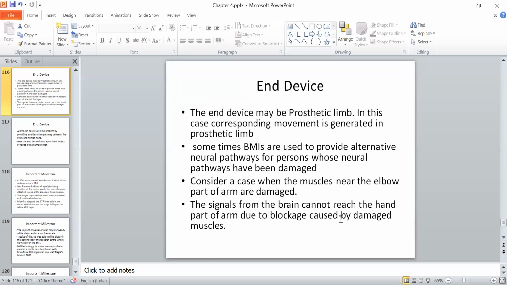So when the nerves are broken, that signal will not go to the hand, so your hand is not able to move. So here also we can use the BMI. What BMI will do, it takes the signal from the brain, it processes the signal, it bypasses that brain nerve mechanism and sends the signal to the hand itself. Now the hand is able to move, because the hand will move via the signal received from the brain itself.